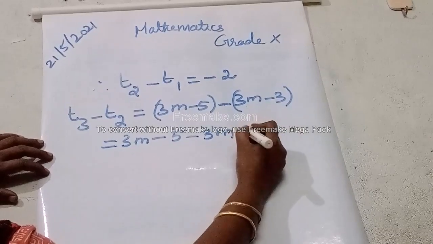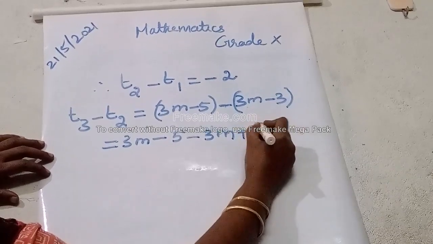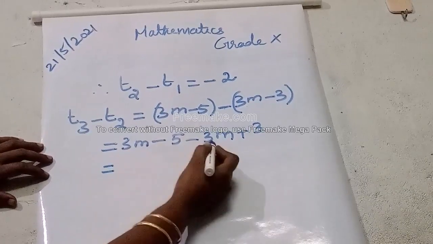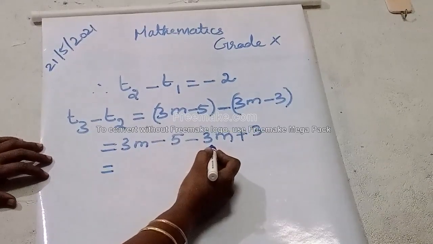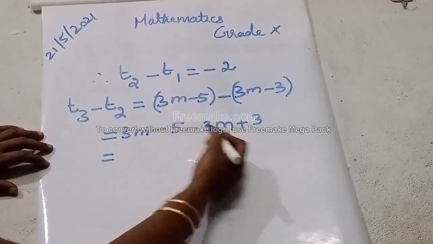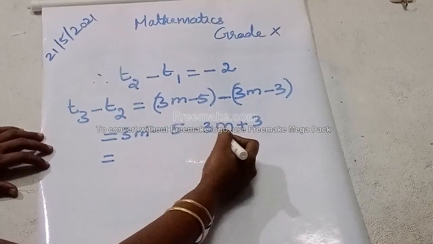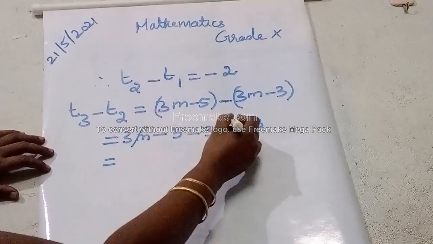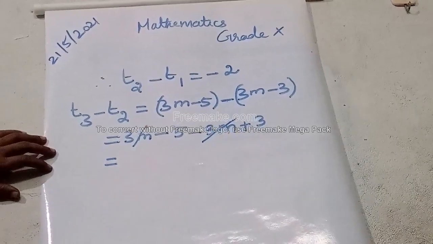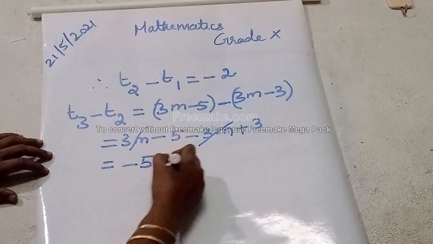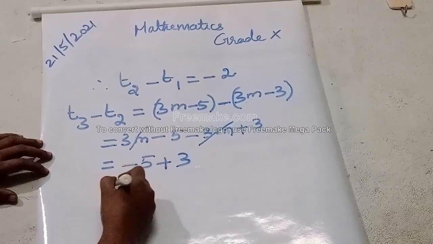Minus into minus is plus, so plus 3. Now 1 minus 1 we have 0. Similarly 3m minus 3m we have 0, so both terms can be cancelled. Remaining we have minus 5 plus 3.